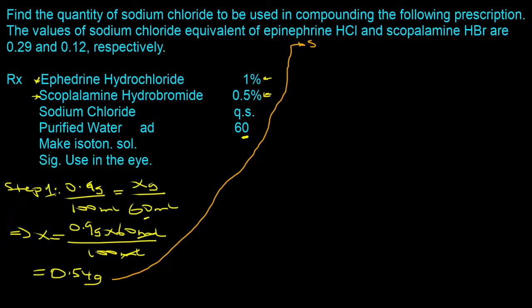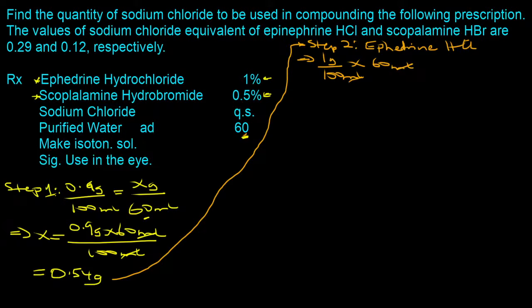Now in step 2, we want to find the contribution from ephedrine hydrochloride and scopalamine. So we'll start off with the ephedrine hydrochloride, and that's a 1% concentration. So we would have 1 gram in 100 milliliters times the volume, which is 60 milliliters.